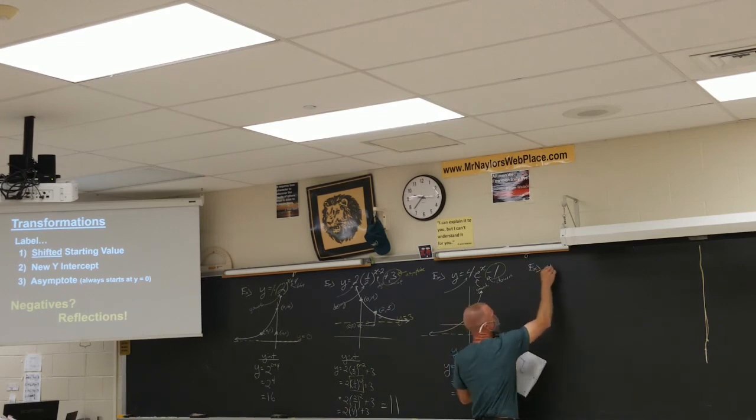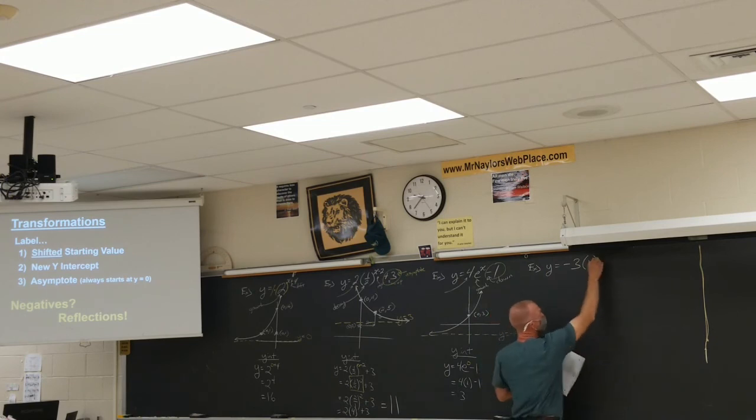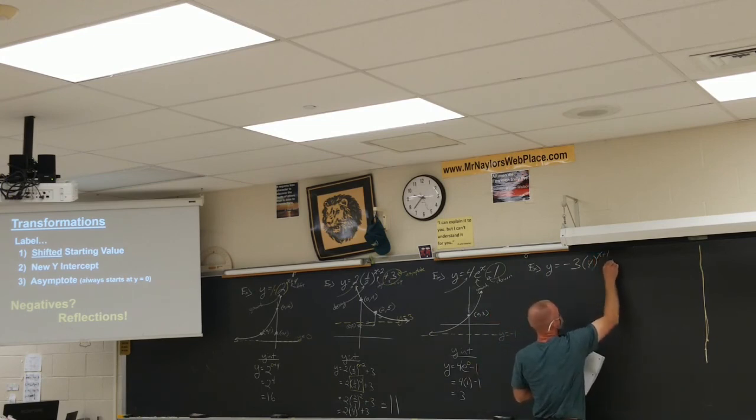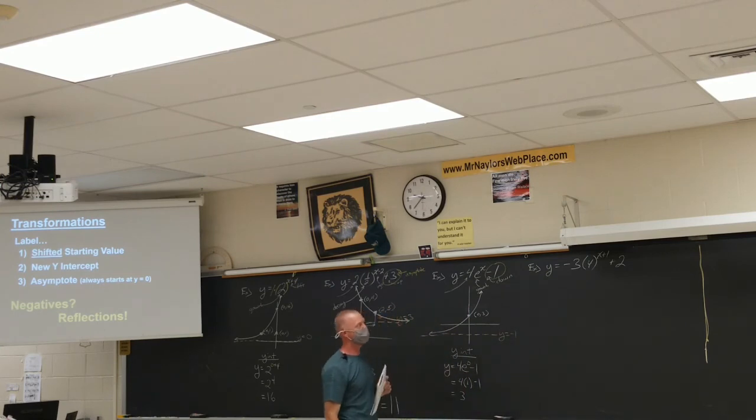Okay, maybe you want to write down the word negatives. Maybe you just want to notice that there's a negative. There it is. It's -3 times 4 to the x plus 1, plus 2. Hang in there with me.